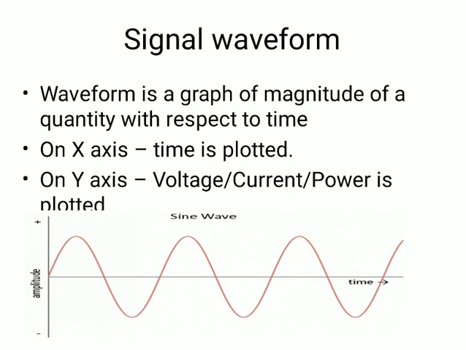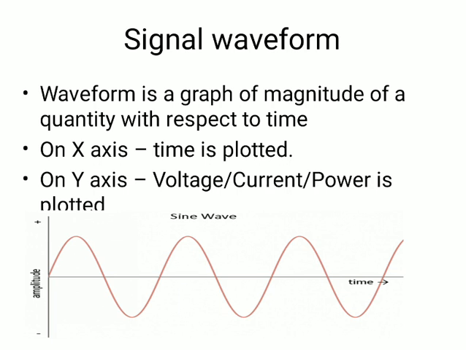Waveform, as you can see in the diagram, is a graphical representation of the magnitude of a quantity with respect to time, right? On the x-axis there is time, and with respect to that time, the value of the waveform is increasing, going to the maximum level, then coming back to zero on the x-axis, then going negative.